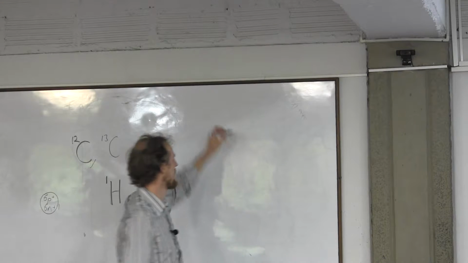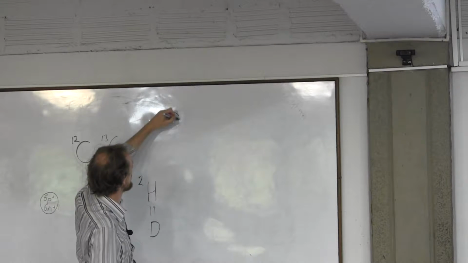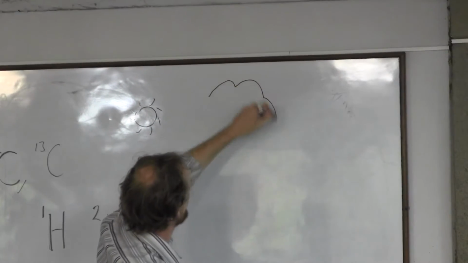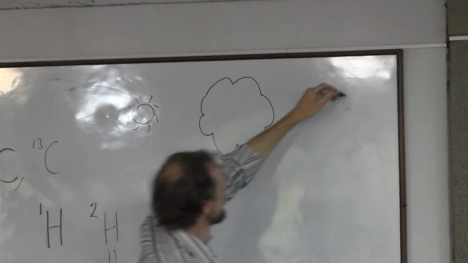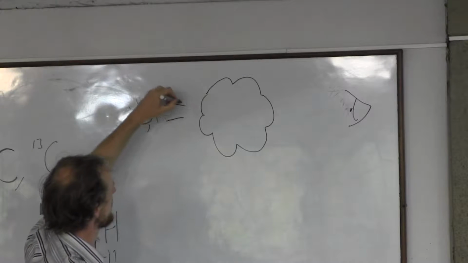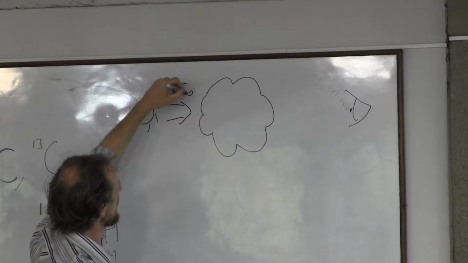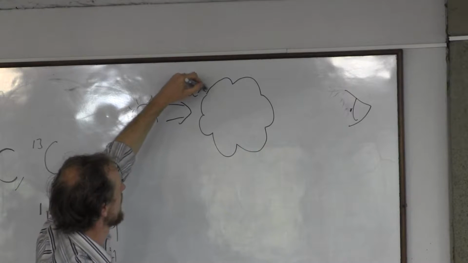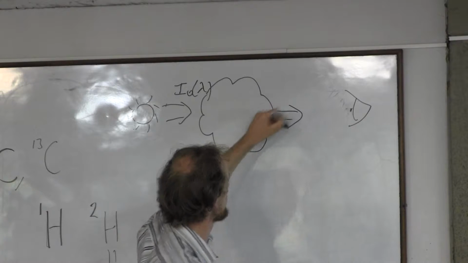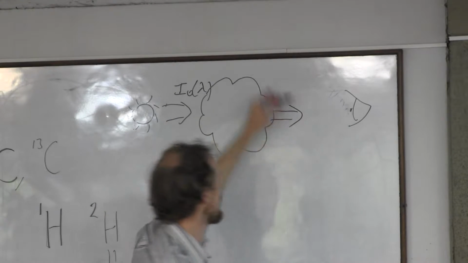Say you have the situation where you have a star and an interstellar cloud and a telescope. There's so much intensity from the star, which is a function of wavelength. After passing through the cloud, some of it is absorbed, so there's less overall intensity.